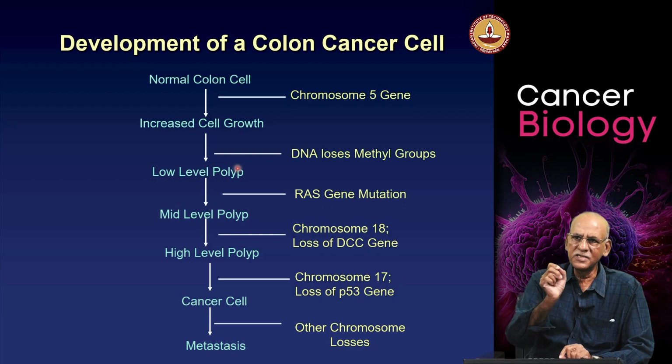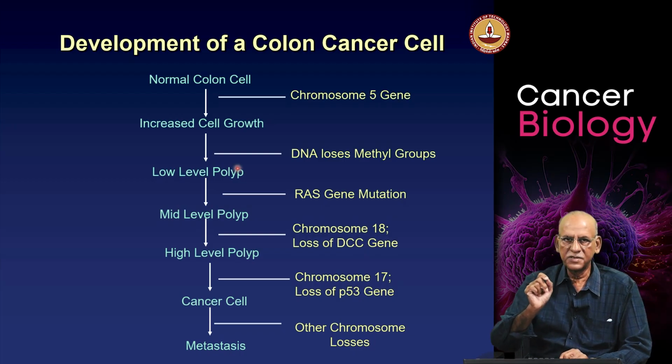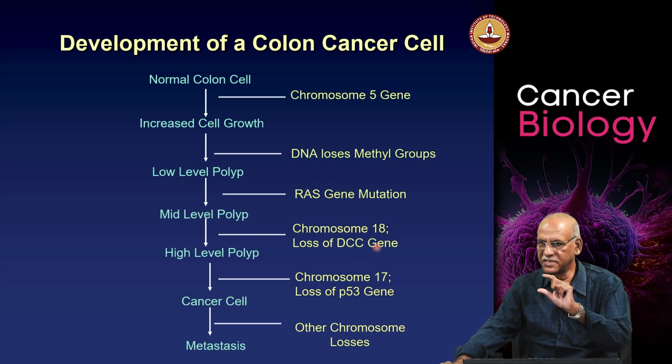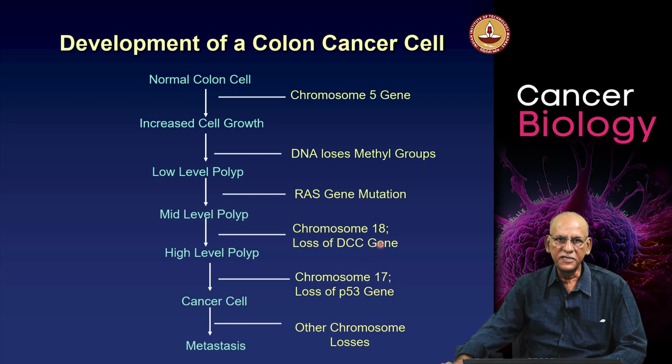Polyps are protrusions in the colon, small protrusions, and then you get RAS. RAS is an oncogene. So, RAS gene mutation is one of the first steps, and then there is also a loss of certain genes in chromosome 18, called DCC, deleted in colon cancer. The gene name itself is like that, DCC, deleted in colon cancer.